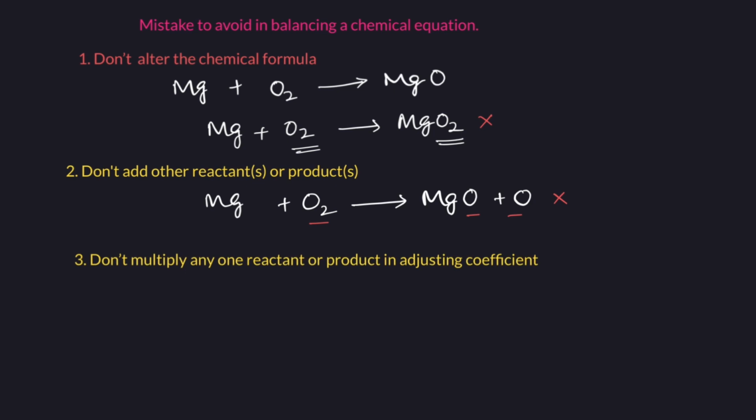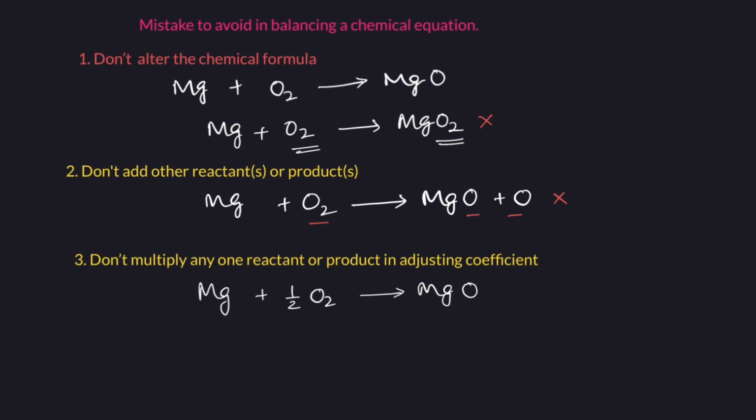Do not multiply any one reactant or only reactants, any one product or only products, in adjusting the coefficient. We have the equation magnesium plus half oxygen gives rise to MgO. So half is not that much preferable. That's why we are trying to adjust the coefficient.